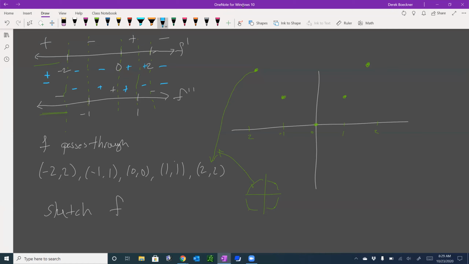The next piece on the graph is minus and minus. This one's minus, minus. This one is plus, plus. This one is minus, plus. This one is plus, minus. The top one's the first derivative, the bottom one's the second.